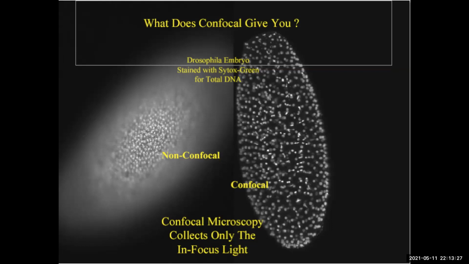And so the point of a confocal is that you do it one plane at a time, one plane of focus at a time, very thin plane of focus. And then you just step down through the entire specimen, and then you create a 3D rendering, volume rendering of what you looked at, which is what you're looking at over there on the right, where it says confocal. And obviously, this is a much better way to image your specimen in this particular case.